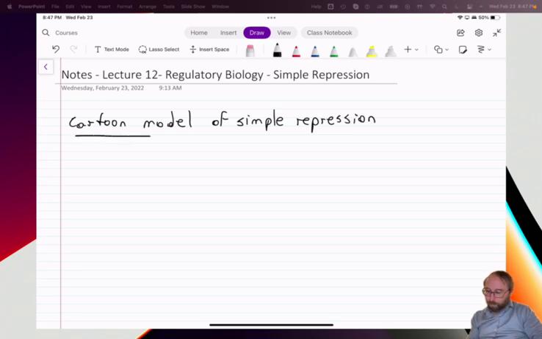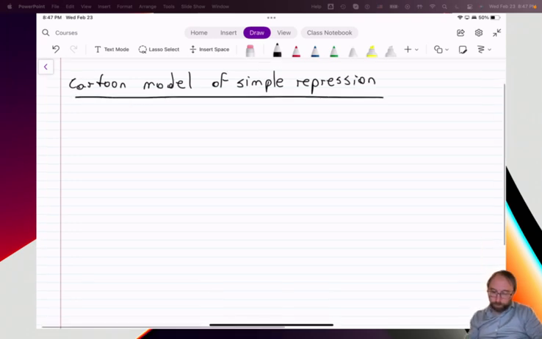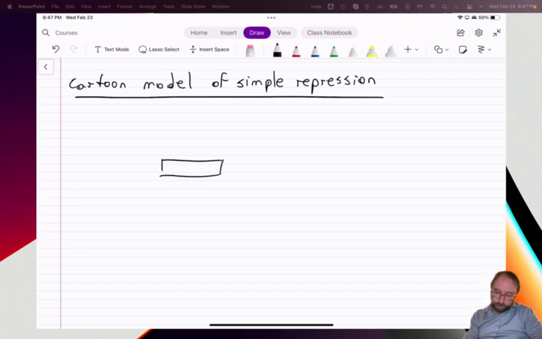Okay. And what is this cartoon model? Well, I'm going to say that I have my little promoter region. Okay, so it's a promoter. And then I'm going to have a little repressor binding site.